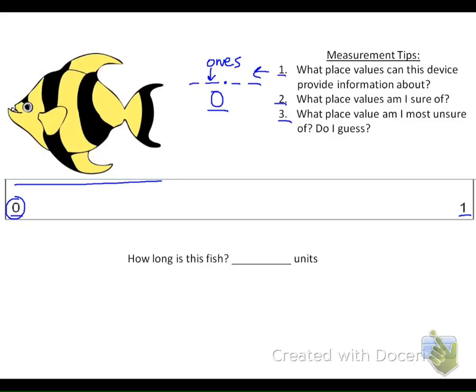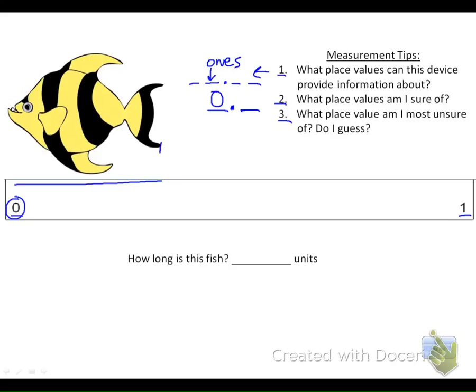So one thing about measurements is we fill in what we absolutely know based on the measuring device, and then we always estimate one place value smaller than what we can see. On this ruler, again, we can see the ones place, so the next place value smaller would be the tenths. And we're going to guess that place value.